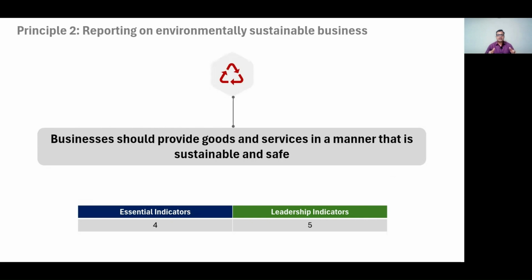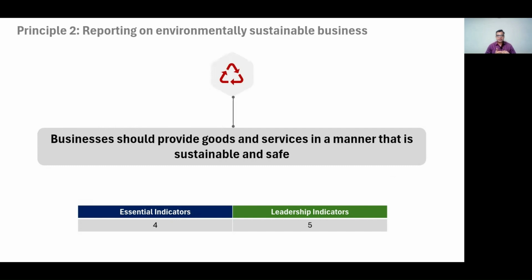Basically, under this principle, the companies have to disclose how they are proactively taking steps to make their goods and services sustainable. How can they make it sustainable? A, by doing effective waste management. B, by promoting circularity, that is, using more and more recycled inputs in their products.